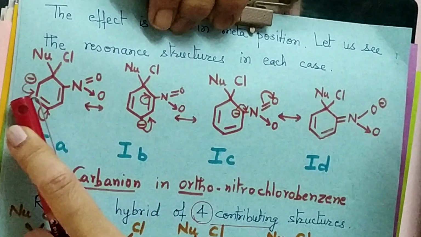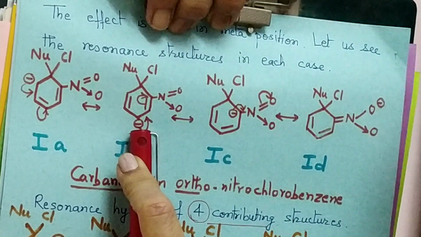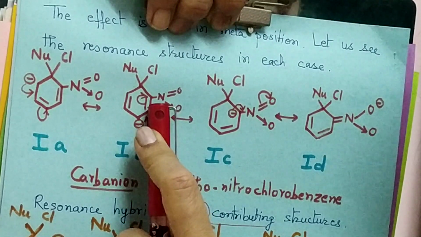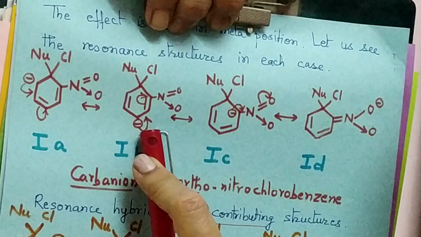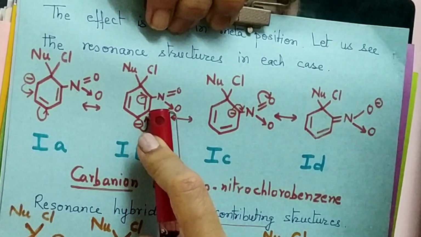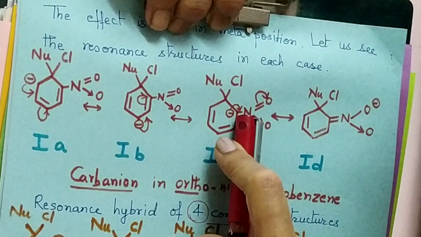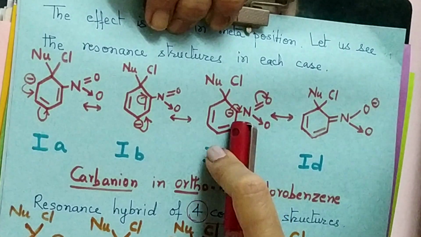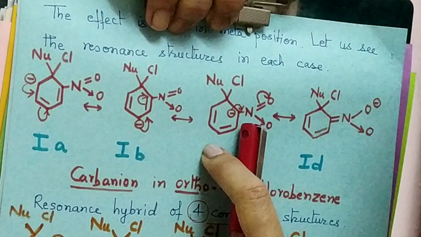It goes down there at this position, and in the next structure, this negative charge moves further, goes on to the carbon, again look carefully, that carbon which is bearing the nitro group.